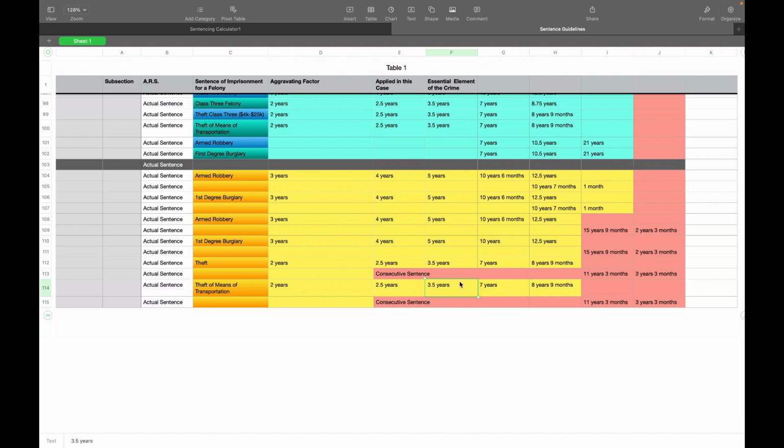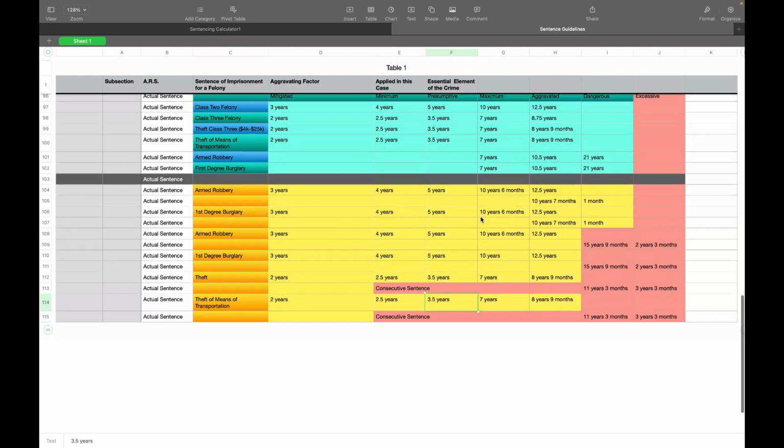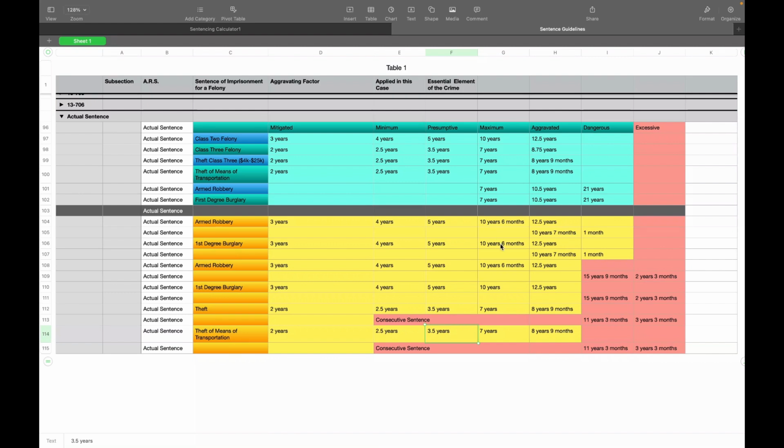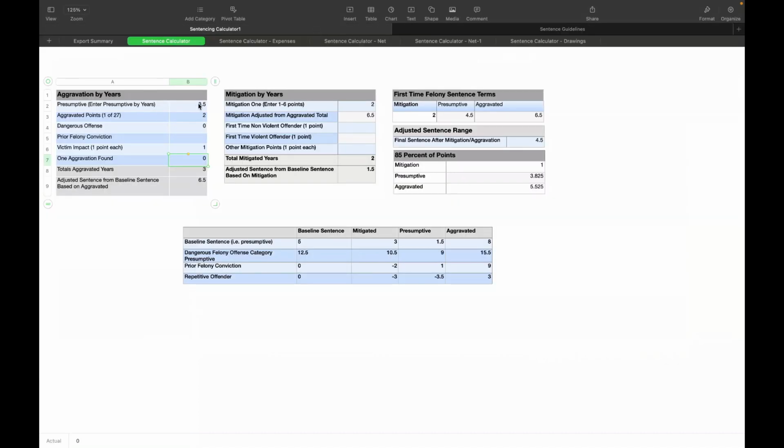If we run the armed robbery, if we were to run his armed robbery from the 10.5, with the 2 aggravated, he could get as much as 13.5 years, and 8.5 with mitigation and no aggravation.